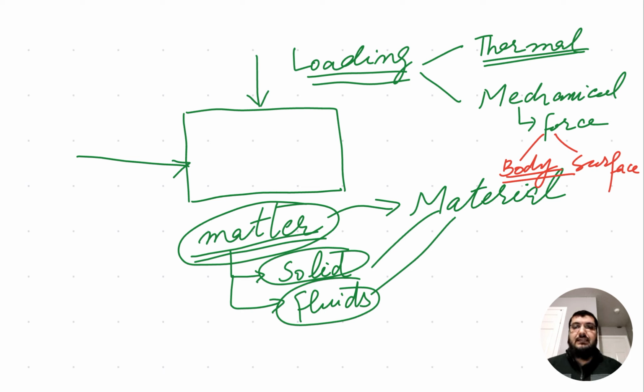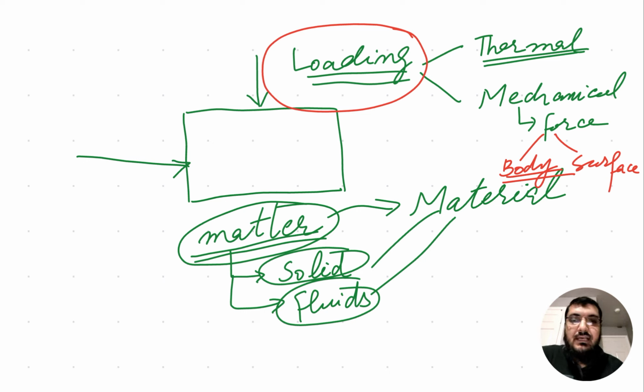So in order to comment more generically, I will use the generic term loading. Loading can be thermal or mechanical. I have this material, and material can be solid or fluid.